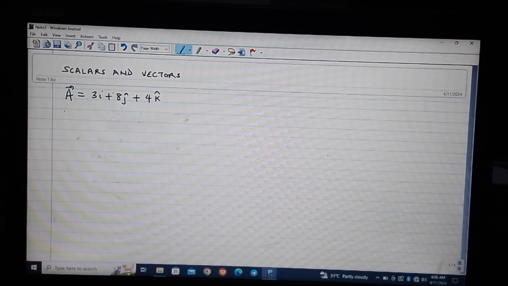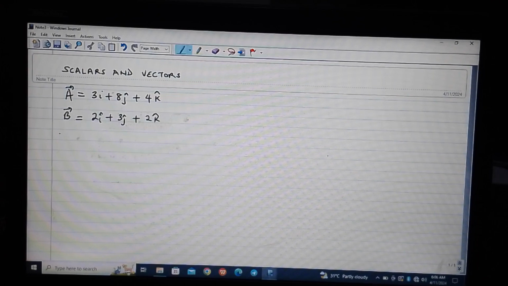We have another vector B is equal to 2i plus 3j plus 2k.